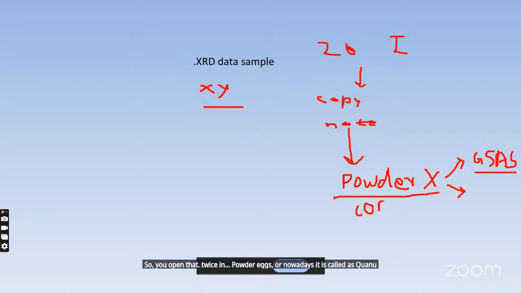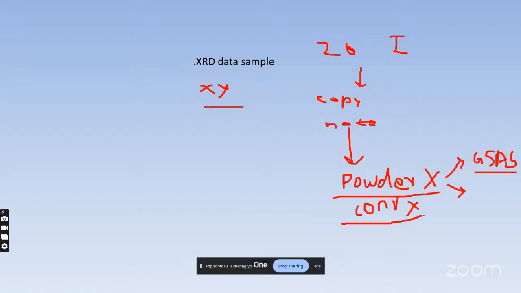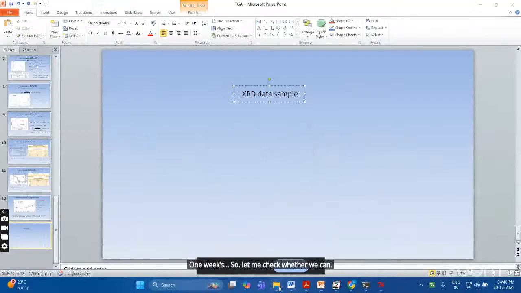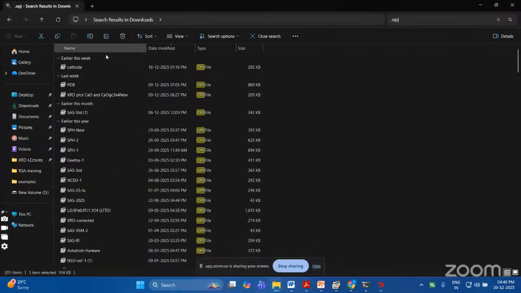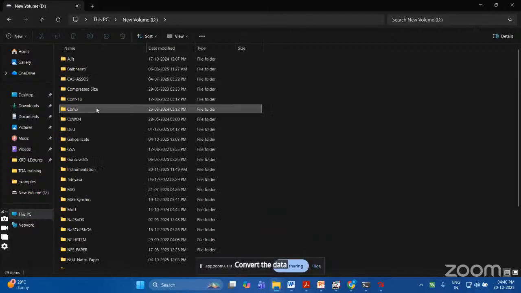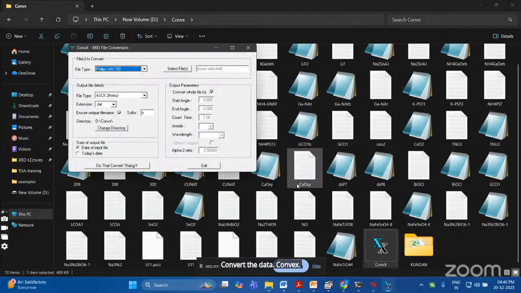I will show you this Convex, the software, and where to convert the data. Are you able to see the screen now?